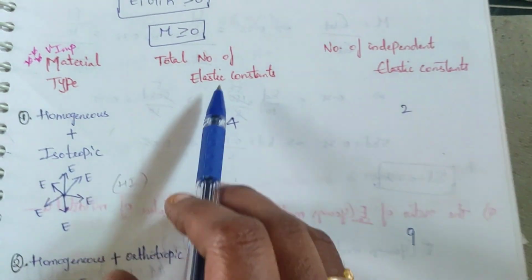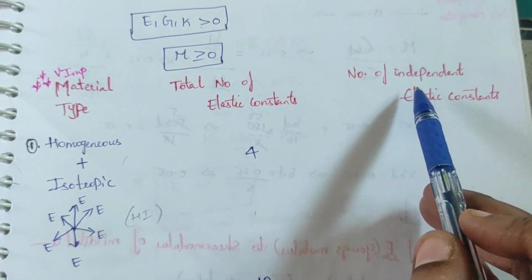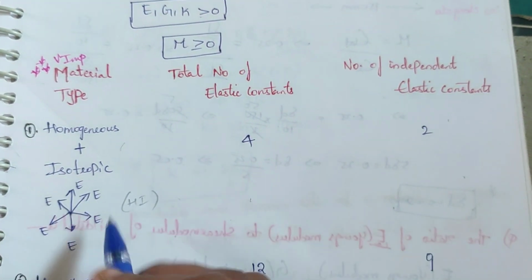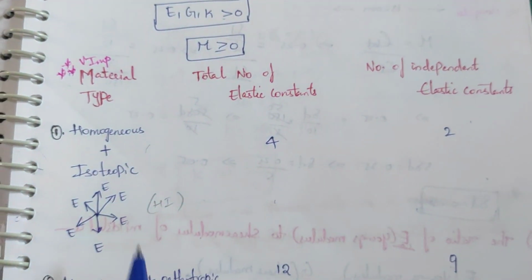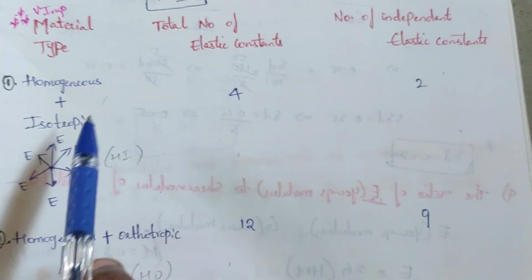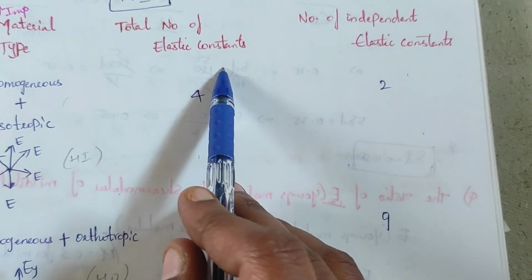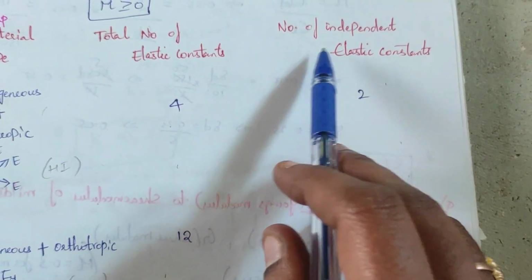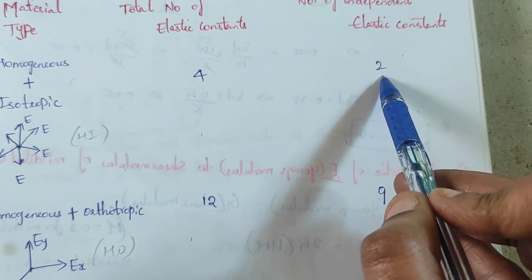Coming to the material type, total number of elastic constants and total number of independent elastic constants. This is also a very important one. For homogeneous and isotropic materials, the total number of elastic constants is 4 and the number of independent elastic constants is 2.